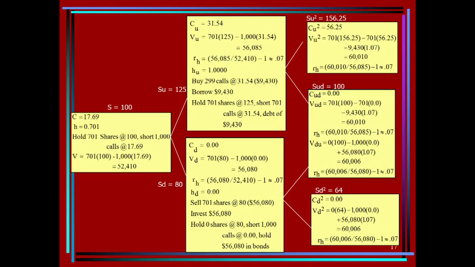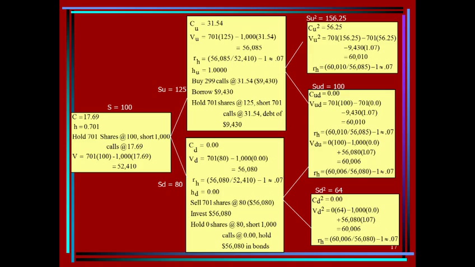Okay, so if the stock price goes down, then the value of your portfolio still earns you 7%. However, your hedge ratio this time, when the stock price goes down, is 0. So what does that mean? Why is it 0? 0 means you don't need what? You don't need your shares. Why don't you need your shares?